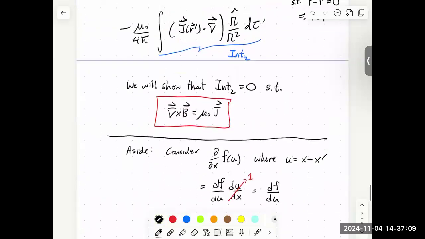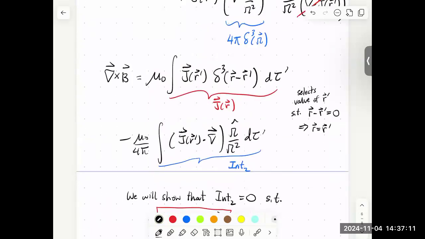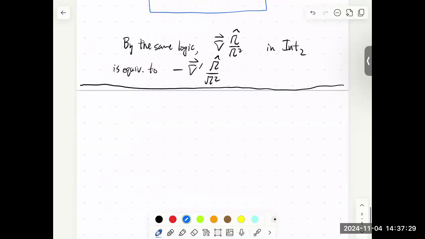Now let's go back to integral number 2 and see if we can do some work on this. I'm going to keep all of this stuff in integral number 2. I'll keep the little constant that's out front, but maybe not the minus sign. Okay, so therefore integral 2 becomes, well, let's see, there's a mu naught over 4 pi out front.